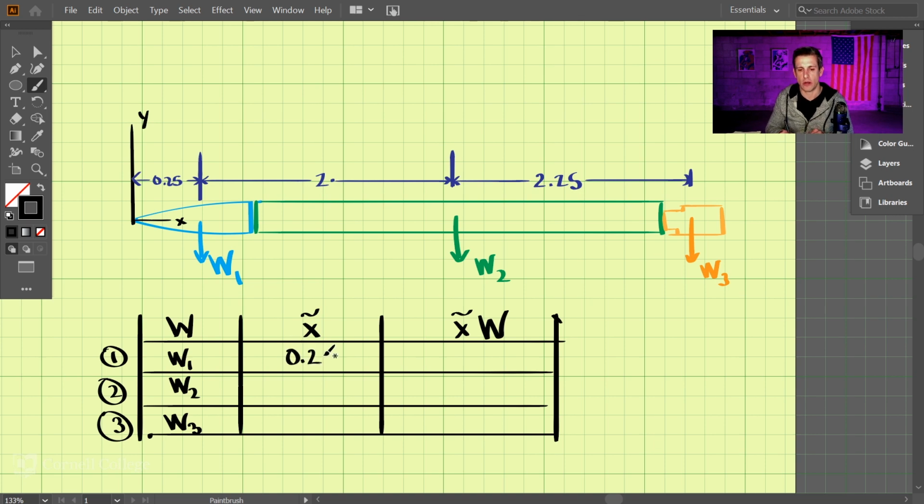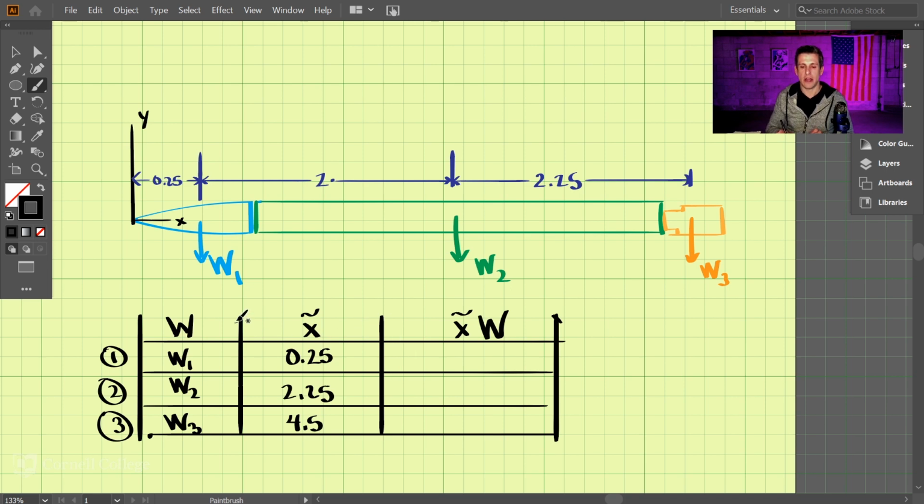So I'm going to write 0.25 here. And then W2, it acts a distance of 0.25 plus 2, so that is 2.25 here, okay? And lastly, W3 is 0.25 plus 2 plus 2.25, that is 4.5.